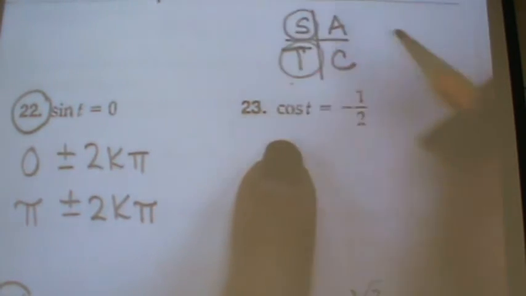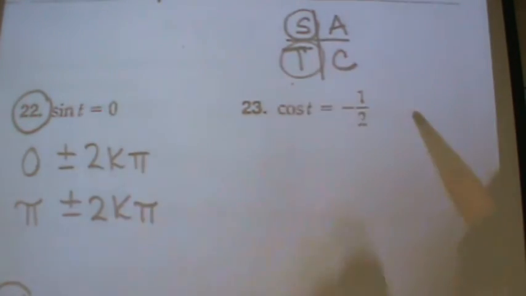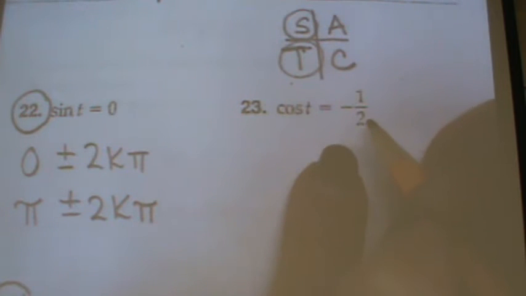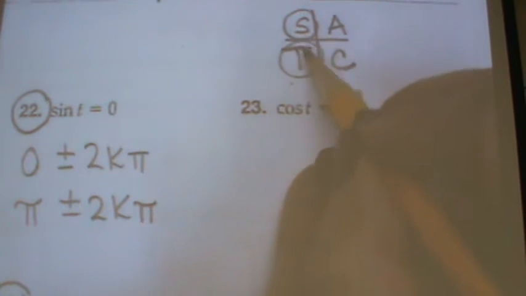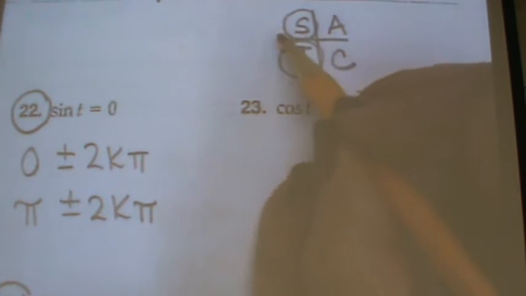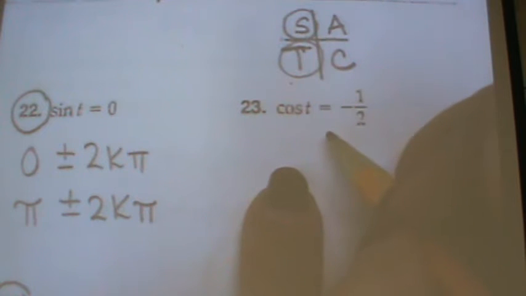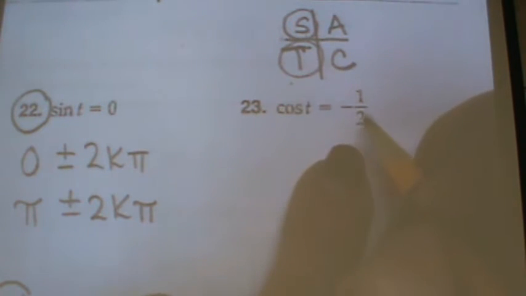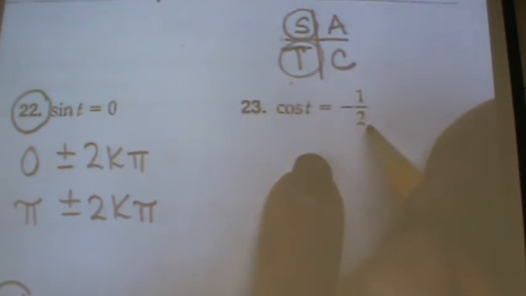It's going to be in these two right here. So my angle has to be in these two quadrants, between pi over 2 and pi and between pi and 3 pi over 2. Those are my two answers, because those are the only two quadrants where the cosine ratio is negative.